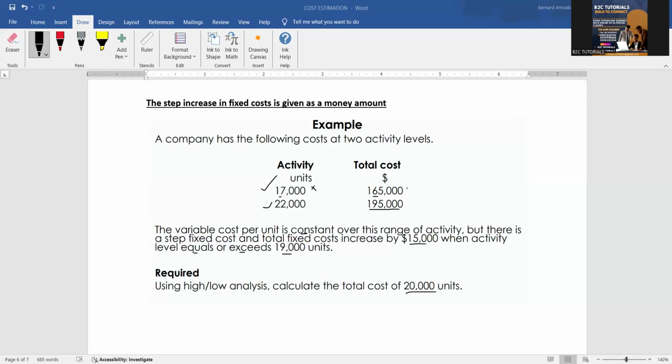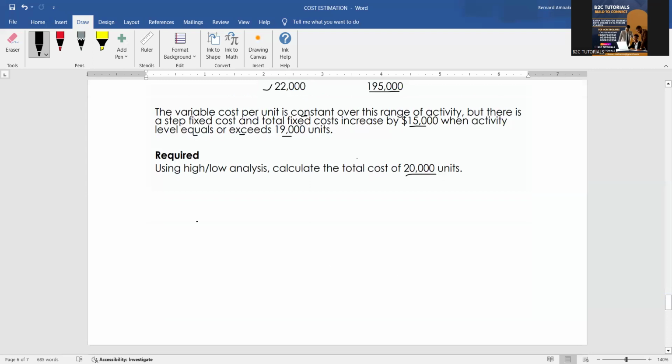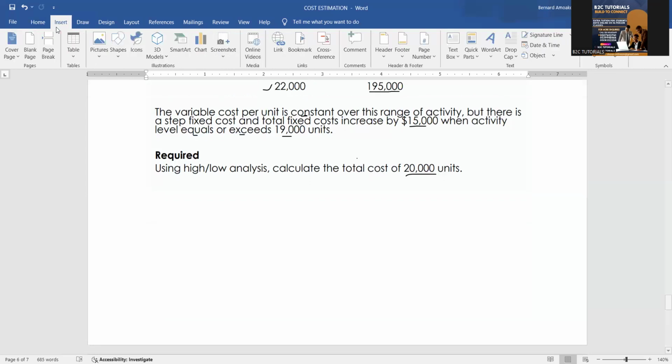What this says is that we need to increase it to that level. So the first step to take is to ensure that the total cost for 22,000 and then 17,000 is equal. Okay. So let's insert a table again and look at what I'm trying to say.